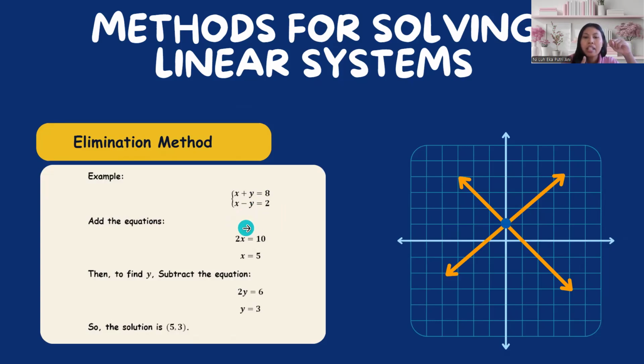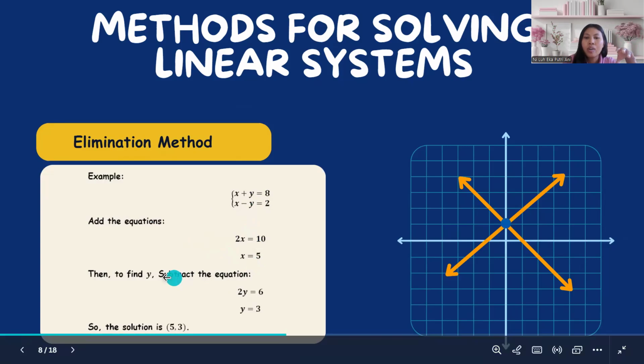By adding the equations, we get 2x equals 10, so x equals 5. Then to find y, we subtract the equations and we get 2y equals 6, so y equals 3. So the solution is (5, 3).